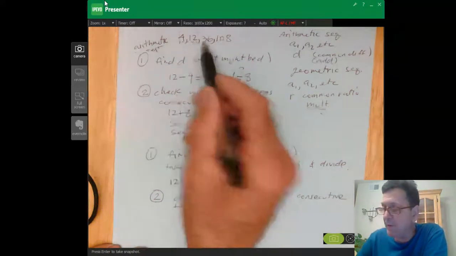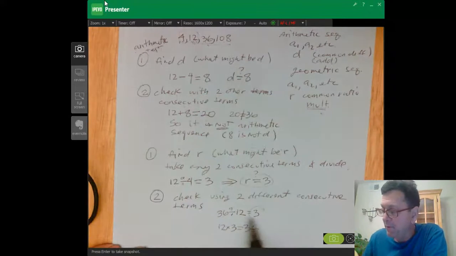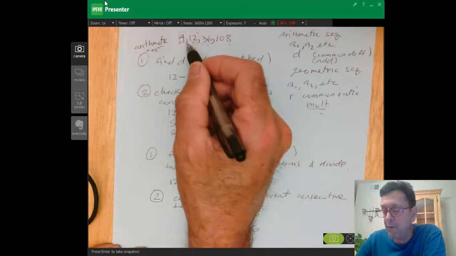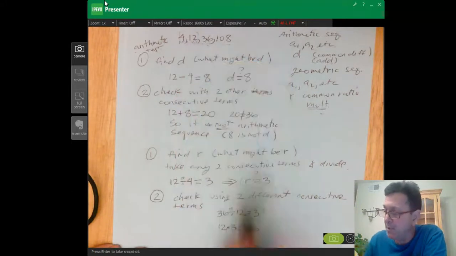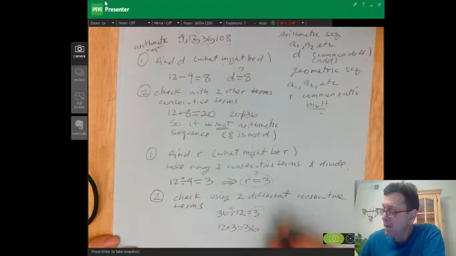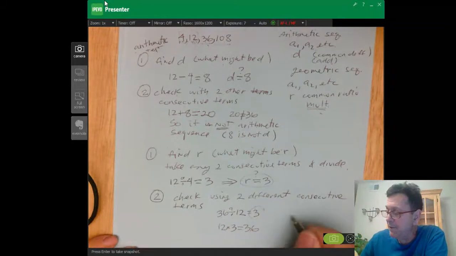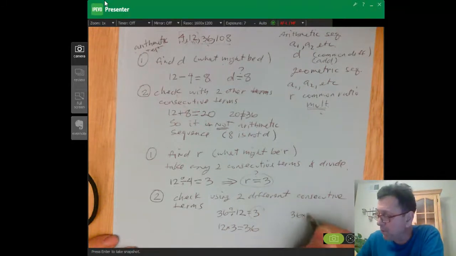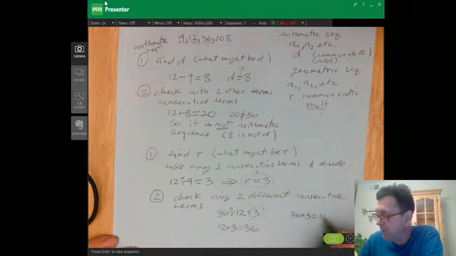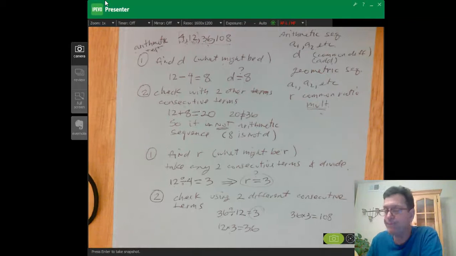But if you just calculate by dividing each time, you should get 3 each time, and that verifies it. The number you multiply by each time should be the same. So if you divide repeatedly, that's what you get. You can do it either way. And if we take 36 and multiply that by 3, then that should give us 108 also.